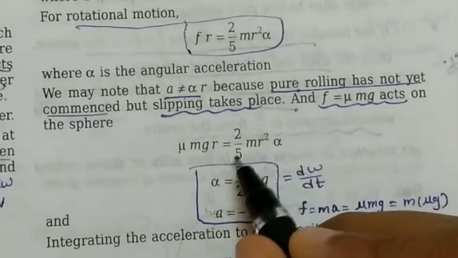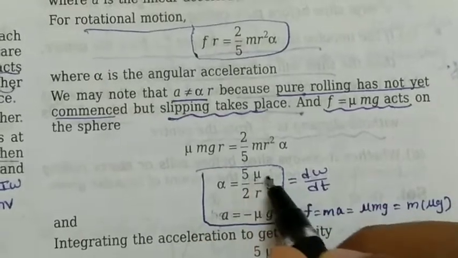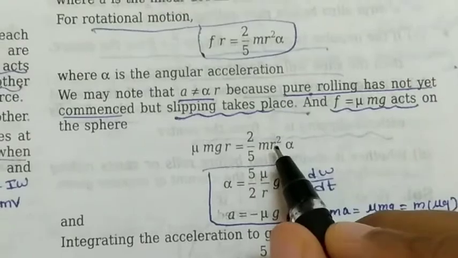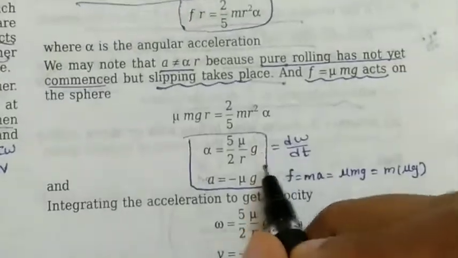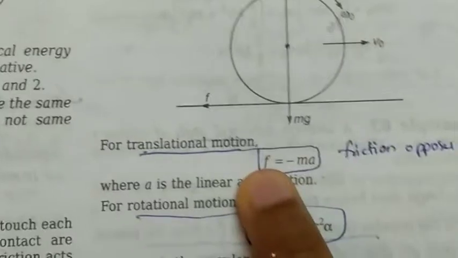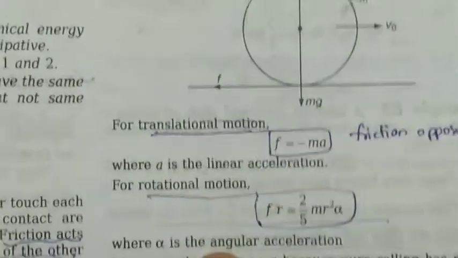The m has cancelled, so 5 mu g would remain, and 2r would remain in the denominator. So alpha is nothing but 5 mu g by 2r, and a is minus mu g. Why? As we know that F equals mu mg, if we substitute in this formula, m would get cancelled, and a is nothing but minus mu g.